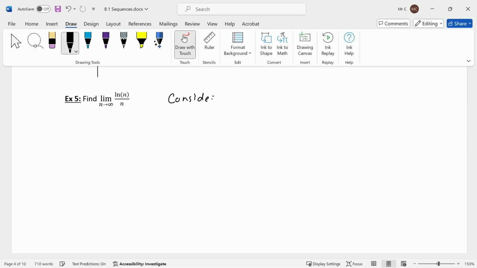So we'll just consider f of x equal to ln of x over x. So we take the limit as x goes to infinity of this function. This has infinity over infinity indeterminate form.